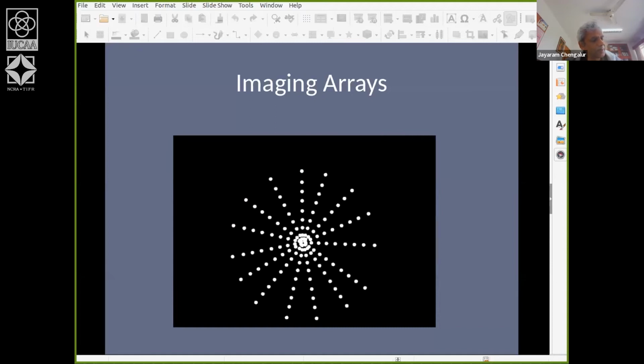And if I were to track the source from rise to set, the visibility points that I measure will go on changing. And so I'll finally get quite a good sampling of what would be called the UV plane. And once I have that, I would be able to invert it to get the image.